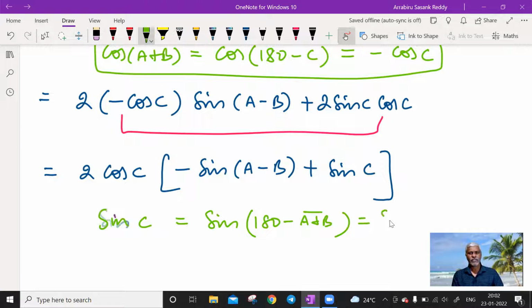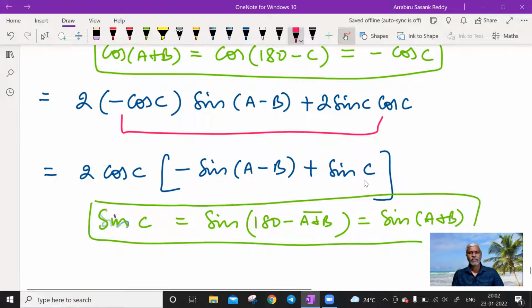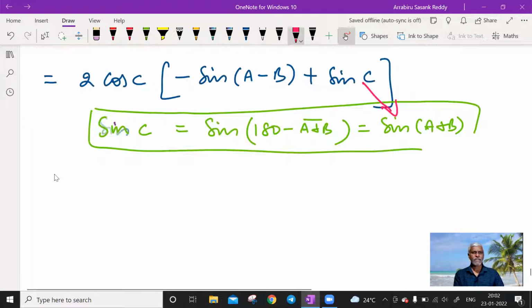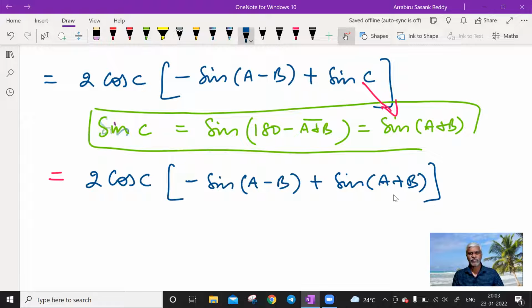Sin (180 minus theta) is sin theta. So writing sin (A plus B) in place of sin C. So this is equal to 2 cos C into minus sin (A minus B) plus sin (A plus B).